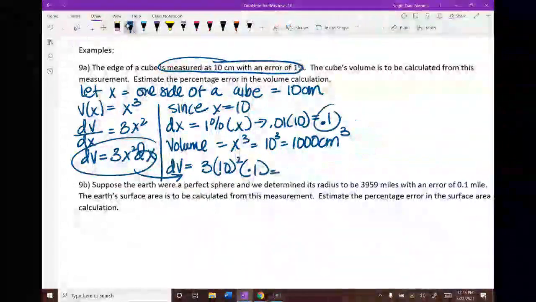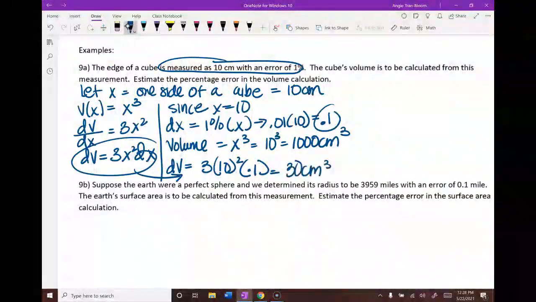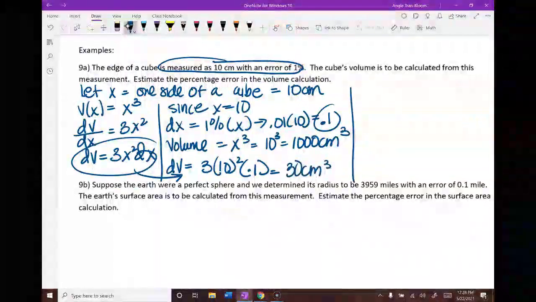So all of this is going to give me 30 centimeters cubic. Okay, so the change in volume is 30 centimeters cubic, but this one says estimate the percentage error.